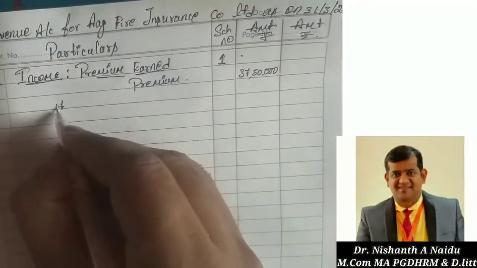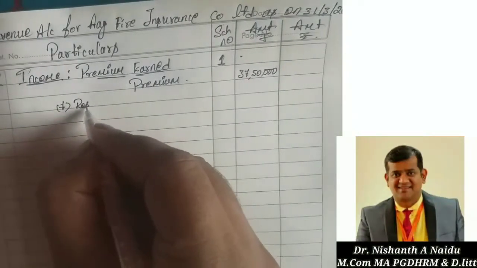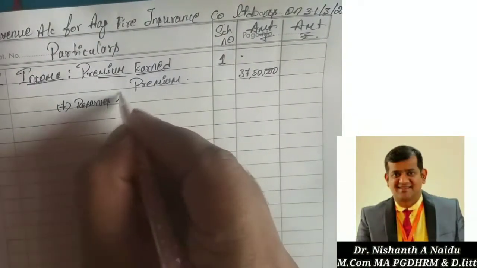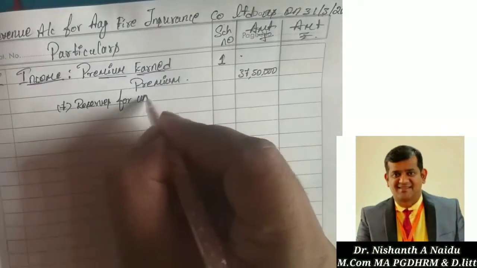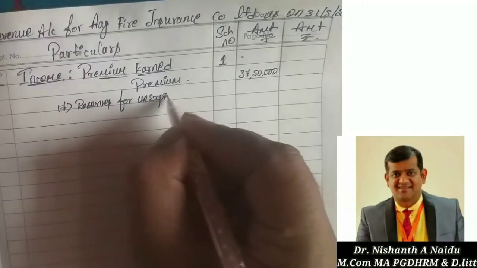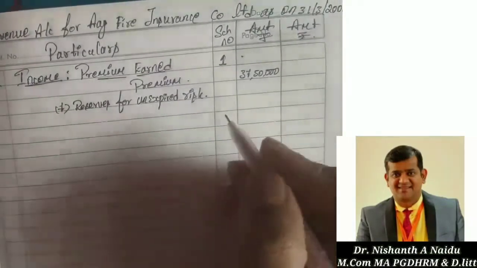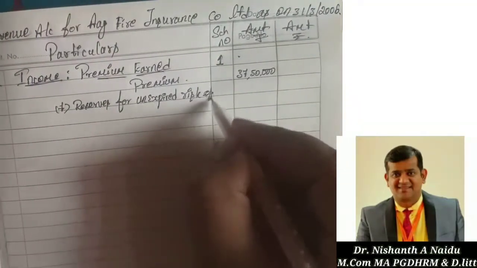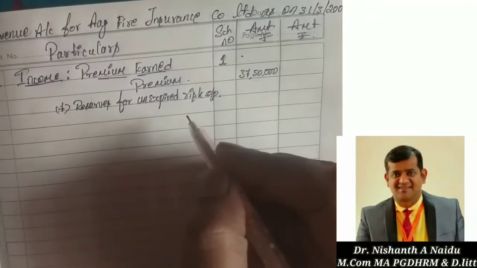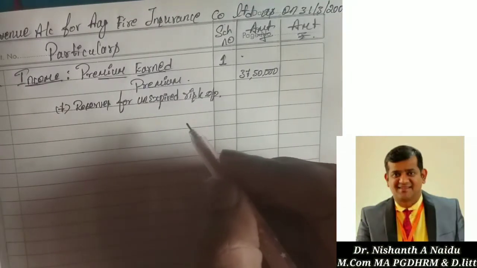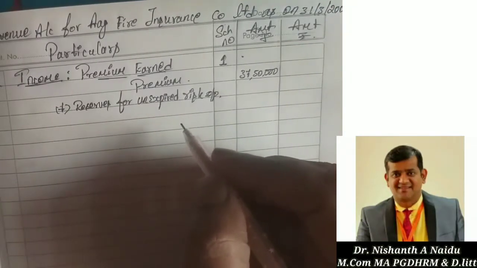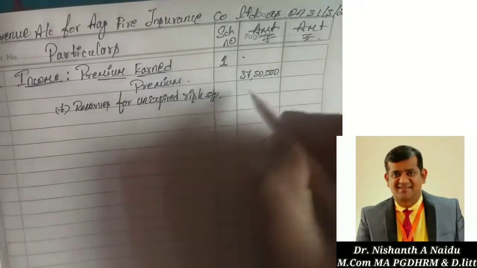Add reserve for unexpired risk. So how much reserve for unexpired risk, and we are going to add always opening. So reserve for unexpired risk, immediately below that he has given 15 lakh rupees.